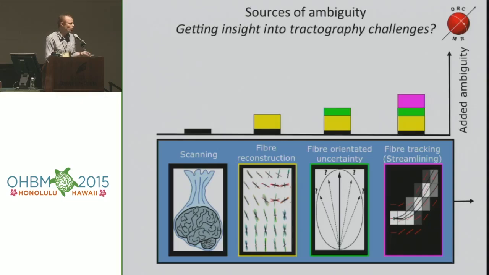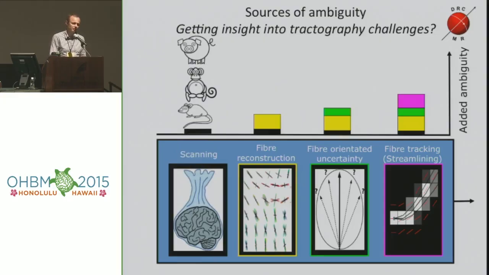We then look more at the methodological, the modeling parts. This also allows us to use experimental animals, because now we can use tracers as a ground truth, independent anatomical data that allow us to compare with our tractography results.